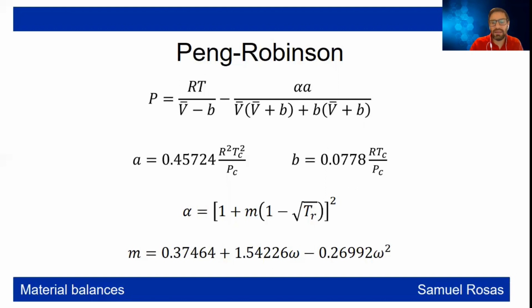And especially if you have this term here, that alpha depends on the reduced temperature, which depends on the temperature, then the temperature also has its issues. So when solving these equations for volume, molar volume, or temperature, it will get complicated. It is easy for pressure, but not that much for volume and temperature.